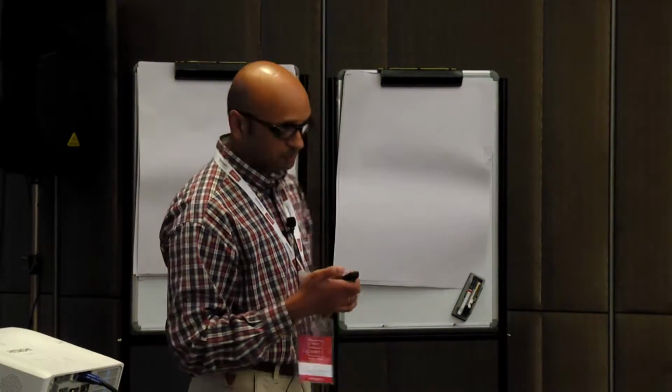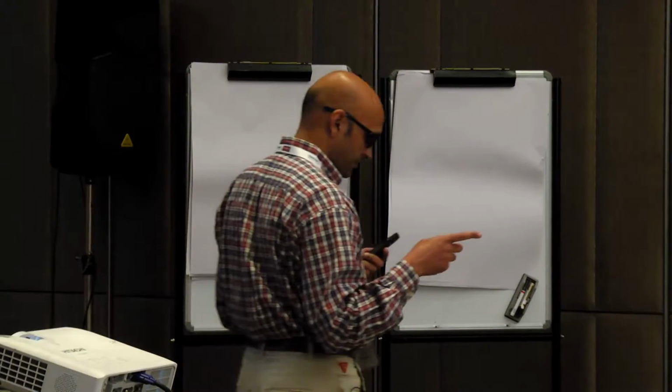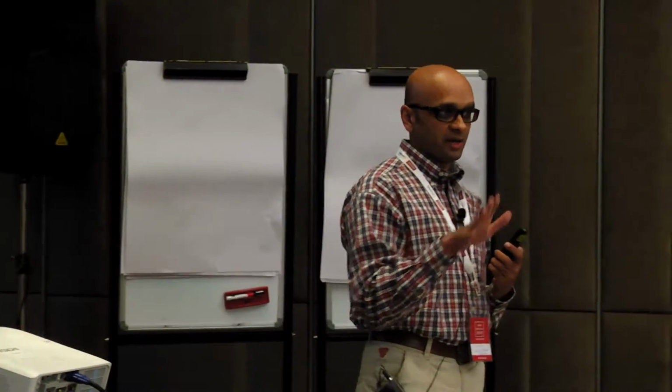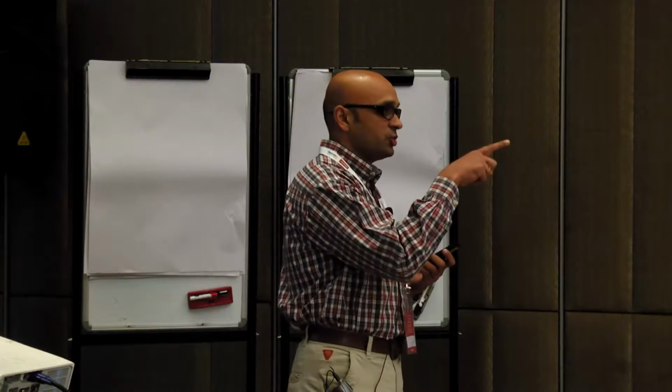I'll give you an example. You must have measured how long a particular command takes. Let's take a set command. We have measured it, and it takes about 4 to 8 microseconds. But the response that you see in the client is not in microseconds.